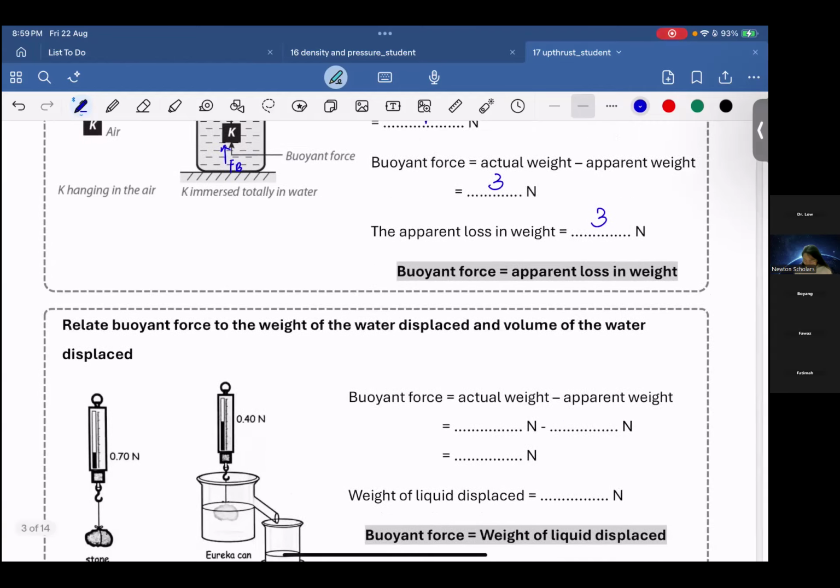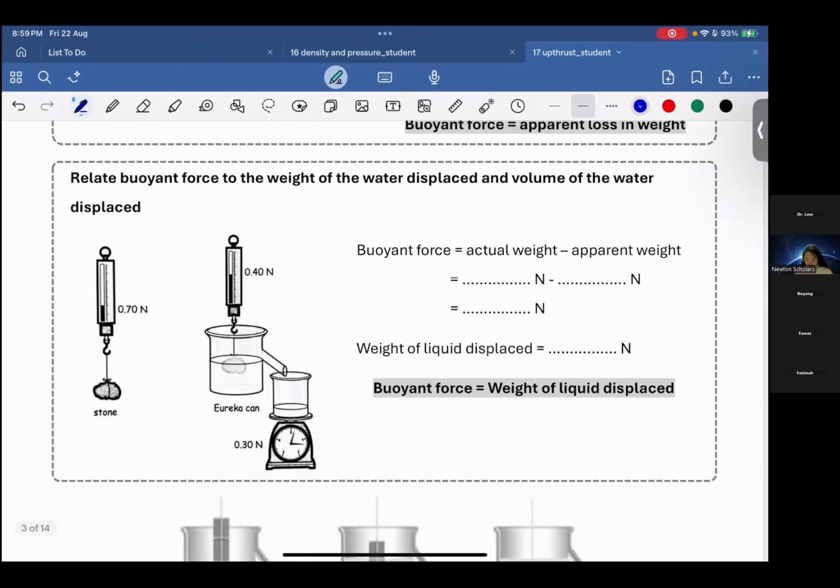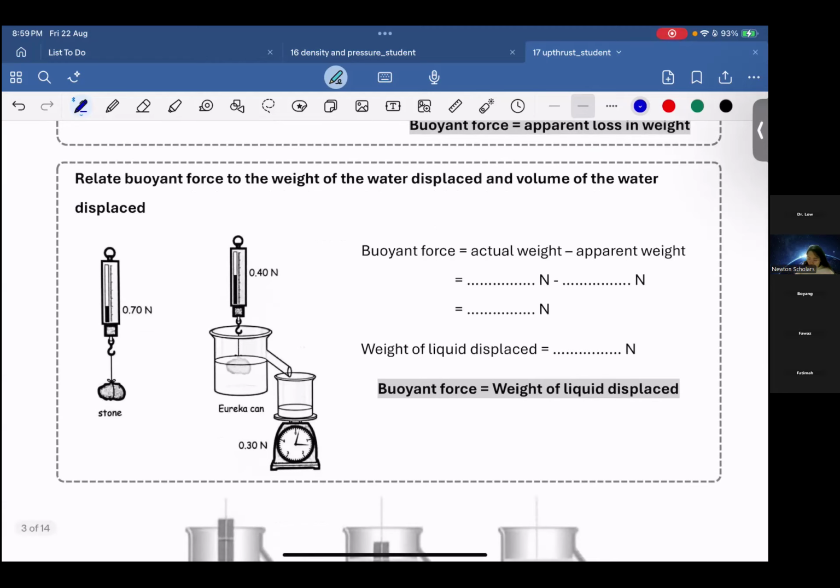Okay, next slide, boys and girls. Relate the buoyant force to the weight of water displaced. Starting actual reading, we got 0.7. Apparent weight after we immerse it into the water, it only gets 0.4. That means we lost 0.3 Newton. This is our buoyant force.